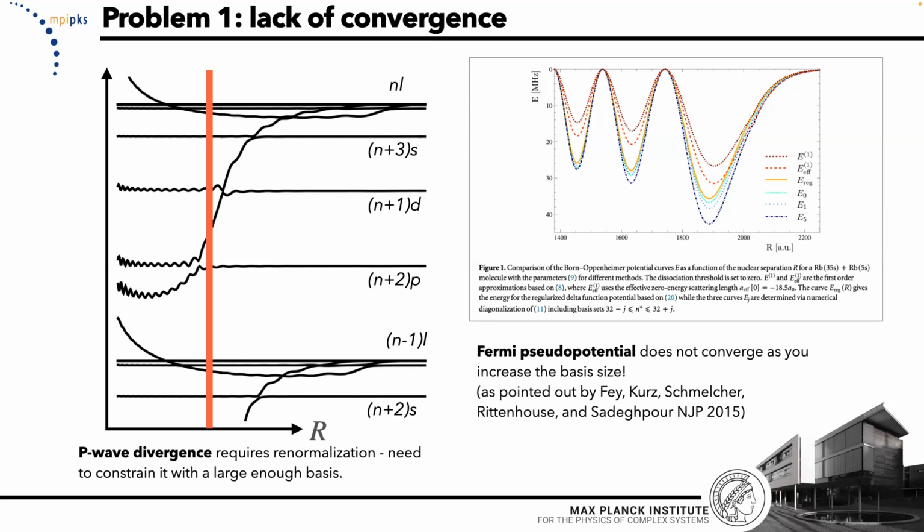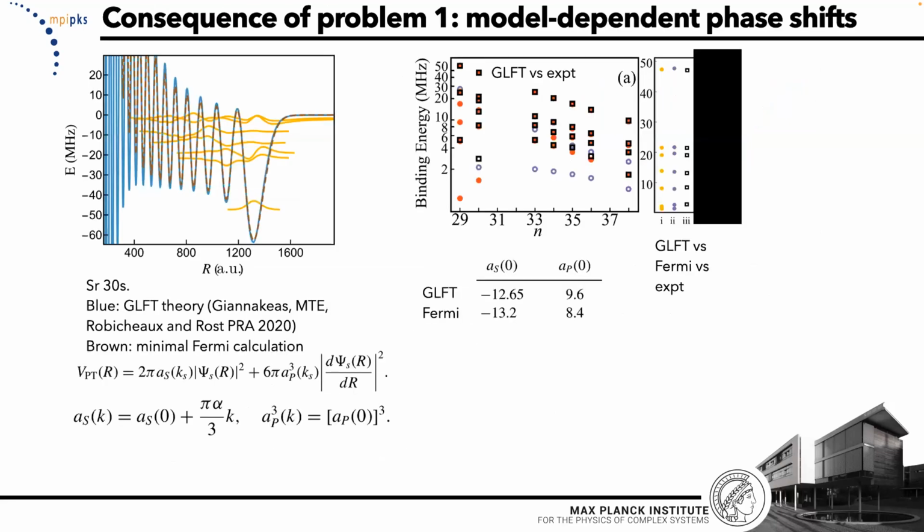So you need to balance the fact that this means it doesn't converge with the fact that you need this just to get potential curves that make some sense. And basically the consequence of this is that your phase shifts depend a lot on the model. So here's just one example from this frame transformation theory that Panos developed, which is sort of a precursor to, or an alternative, let's say, to the Green's function theory that I'll tell you about in a couple minutes.